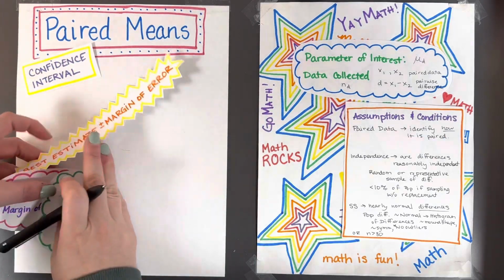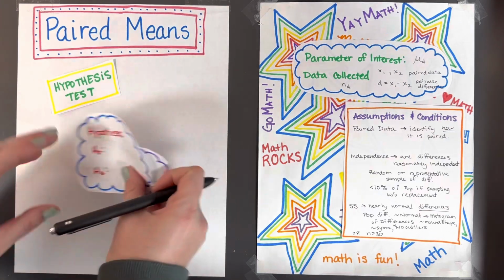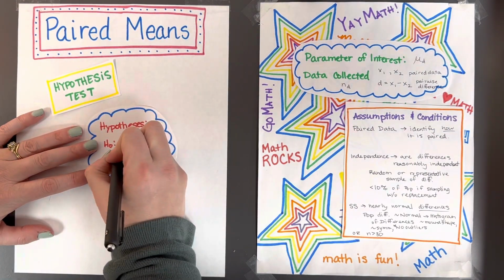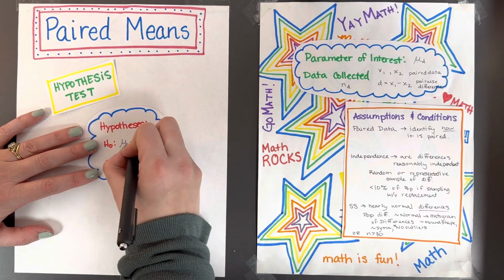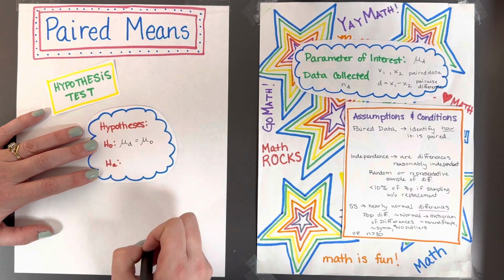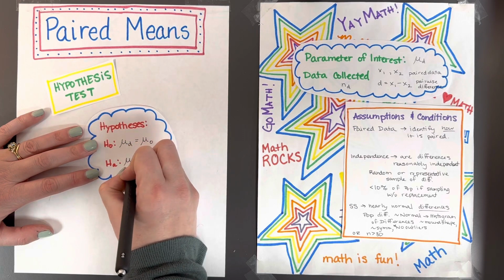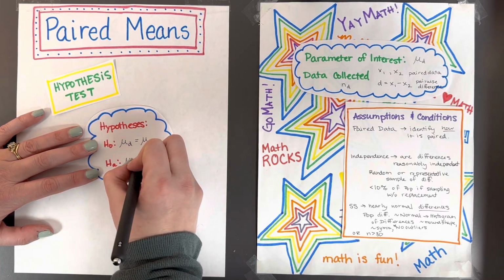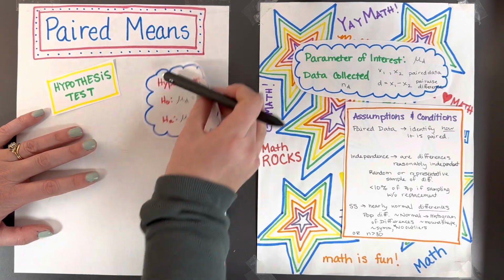For our hypothesis test, our null hypothesis is going to be that the mean difference is equal to some assumed true mean difference. And our alternative is going to be that the true mean difference is less than, greater than, or not equal to that assumed truth.